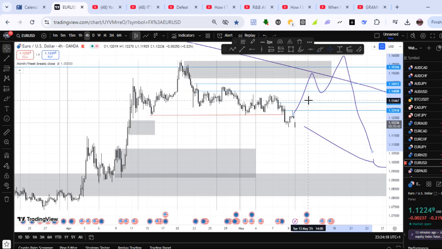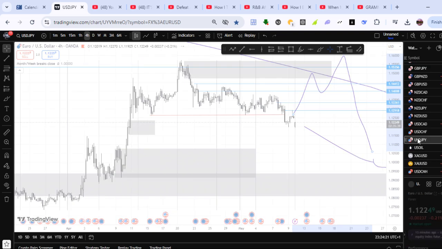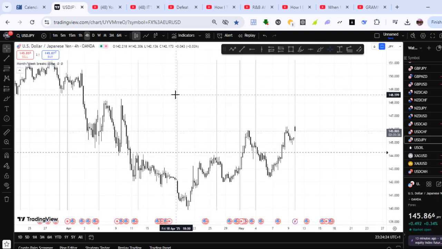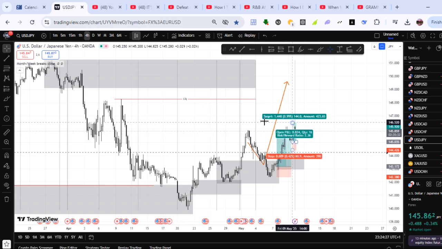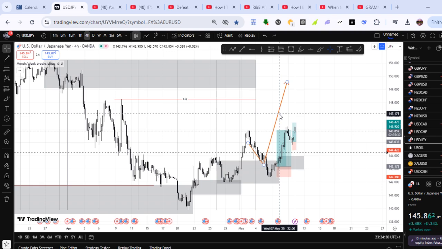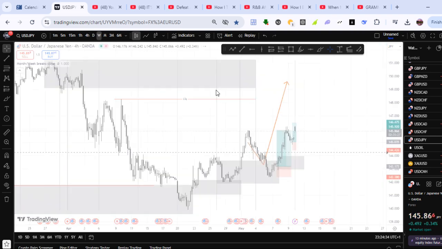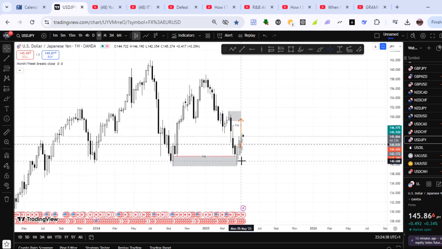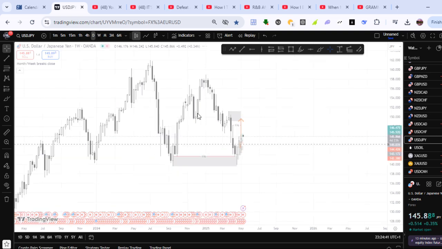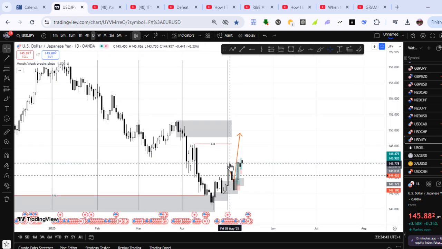And then we have the USD/JPY, which is what I'm looking out for as longs. So this was what I've been following up last week. Beautiful setup. From the weekly time frame, price is reacting from a demand, which was liquidity, and then this is a higher high, this is a higher low.